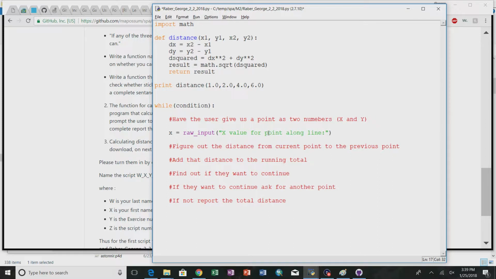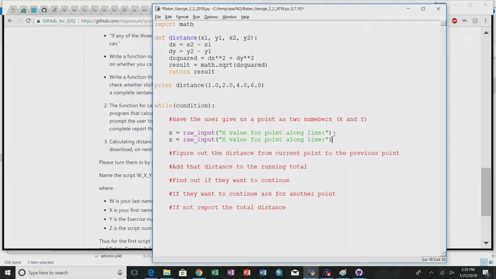The point along line, something like that. I'm just going to cut and paste, get a y value. All right, so just for brevity, to show something a little bit different, I'm going to do this.